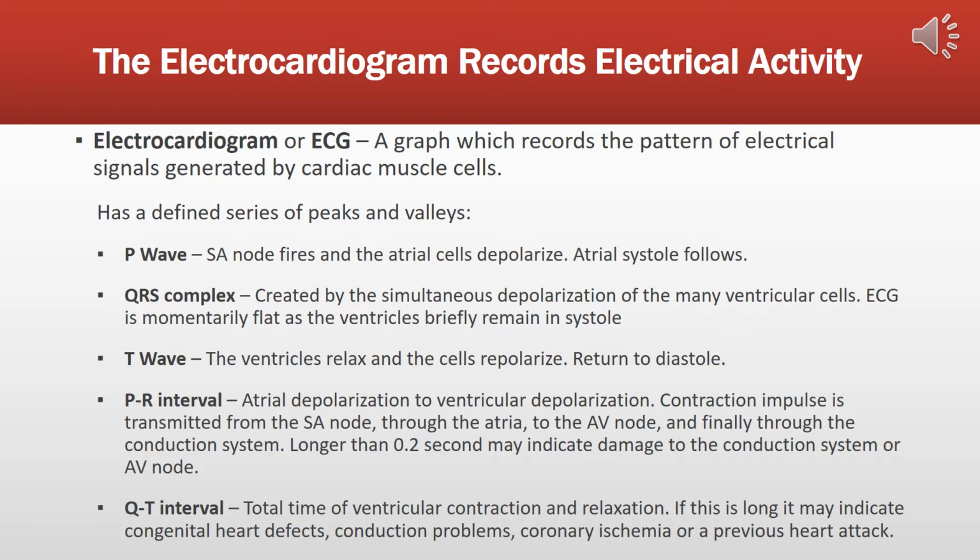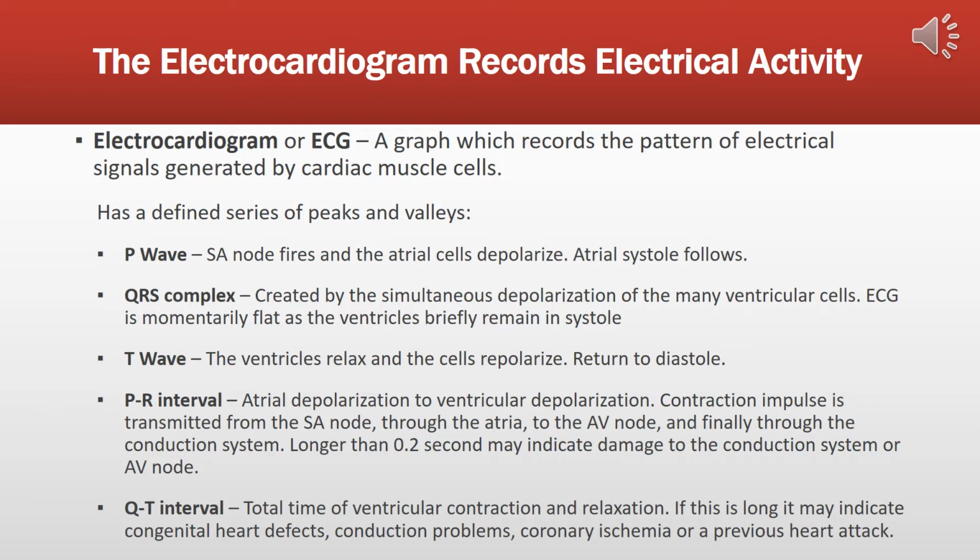So a P wave shows when the sinoatrial node fires, which causes the atrial cells to depolarize. This is why I covered the nervous system earlier, so we would know what this means. This causes atrial systole, or atrial contraction. Then the QRS complex is a part of the graph created by the simultaneous depolarization of many ventricular cells.